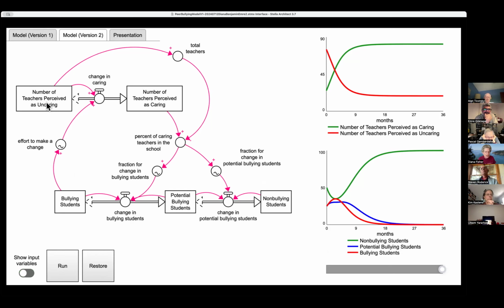And since the caring and uncaring came from the diagram, we thought it was appropriate to use that in here. But if we include students instead of incidents, it gives us a lot of places to intervene for school policy. So we thought it was more important to include the students down here instead of the bullying incidents.